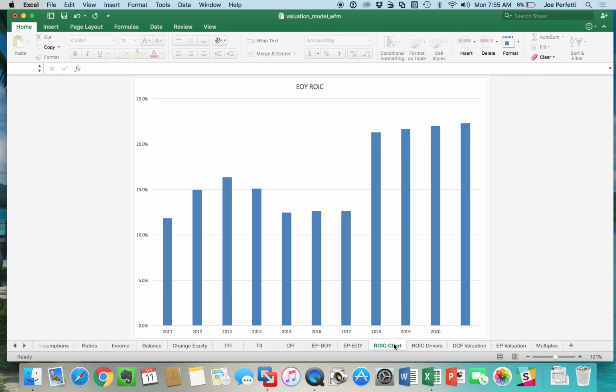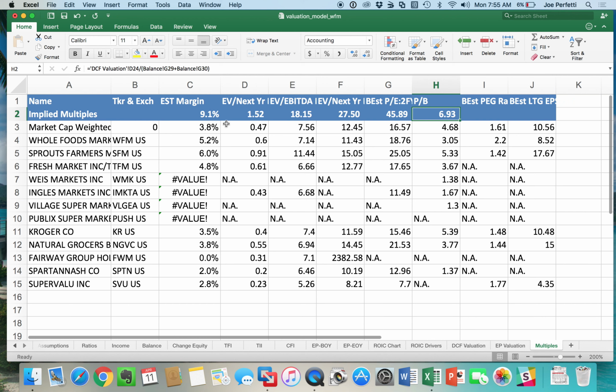For your valuation, whenever you do a company, you'll do your target, and when you do your final target, you then have to defend these two sanity checks. One, you have to show me the ROIC chart and tell me why this is reasonable. And two, you have to show me the implied multiples that your valuation would imply against the range of possibilities of the industry and justify that as well. That concludes this section.